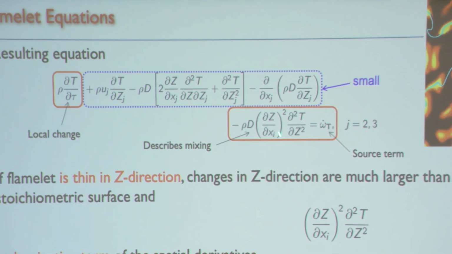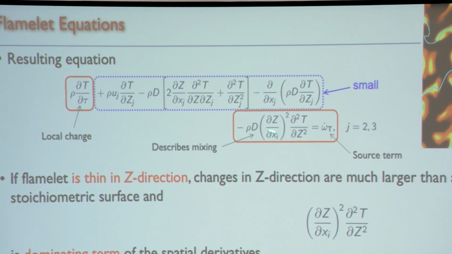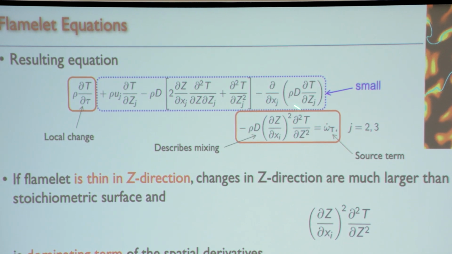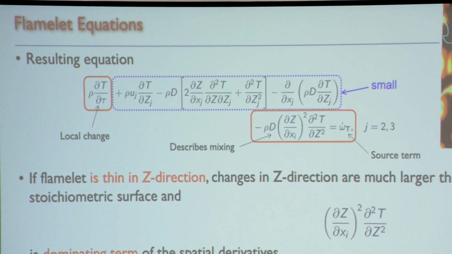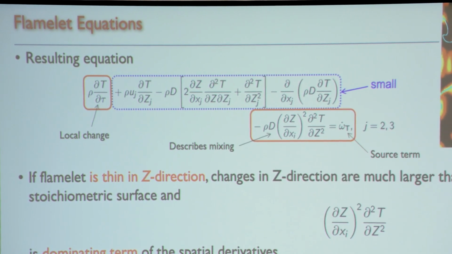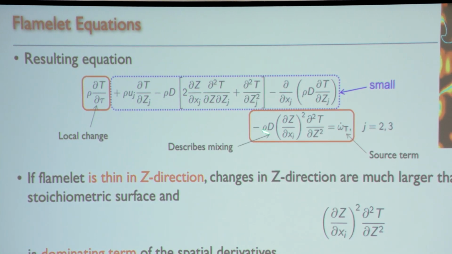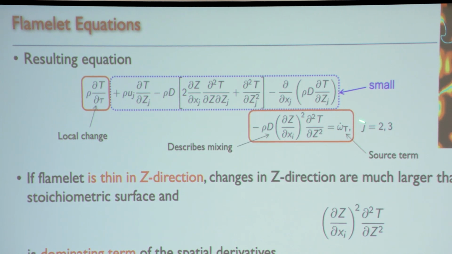Then only these 2 terms, the red terms here, are left over, which depend on this gradient squared and on this second derivative. This is the dominating term. It balances the chemical source term. So these are the leading terms.